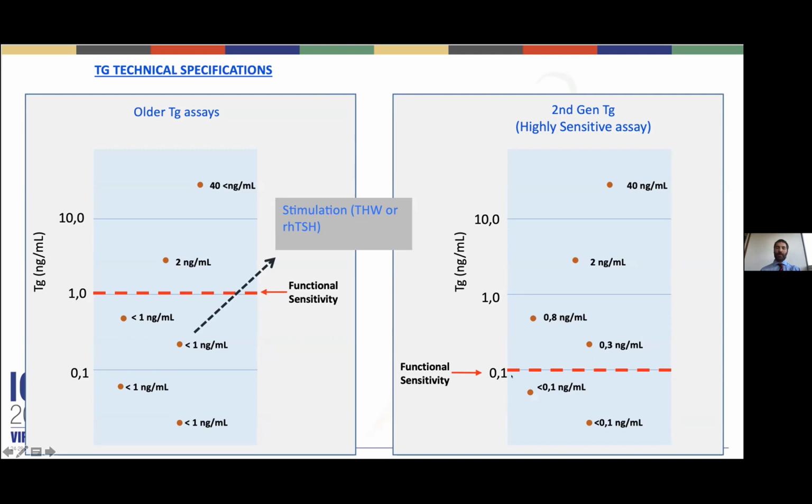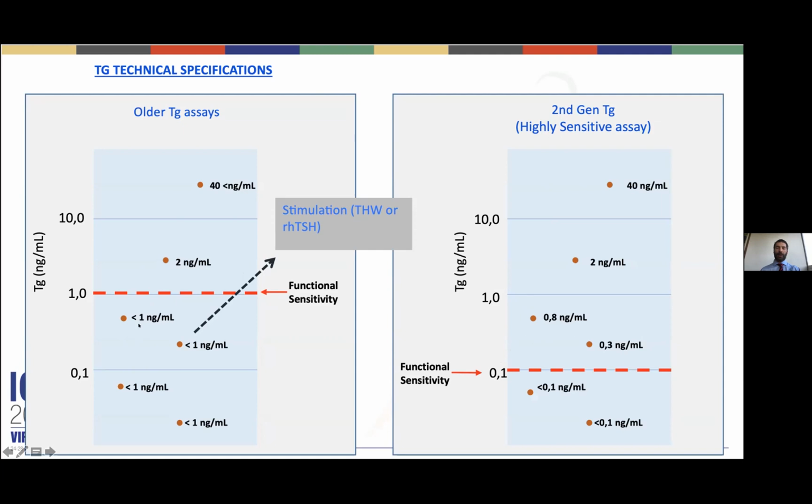Nowadays, as we showed here on the right hand, second generation thyroglobulin, also called highly sensitive thyroglobulin, can be measured as low as 0.1 nanogram per ml.